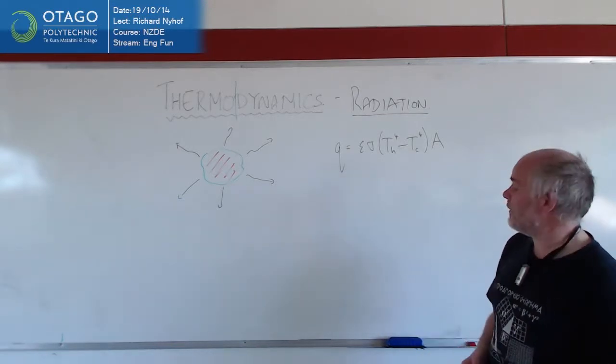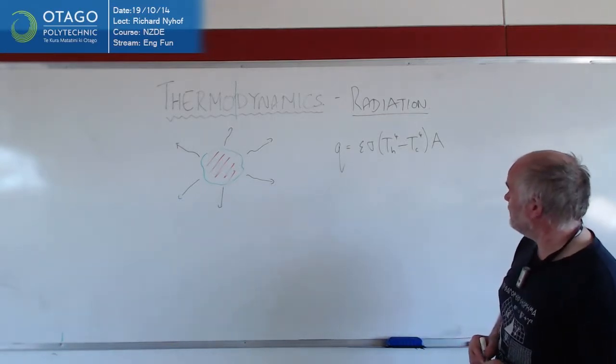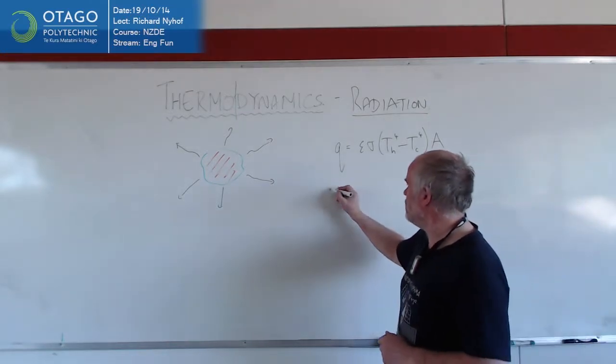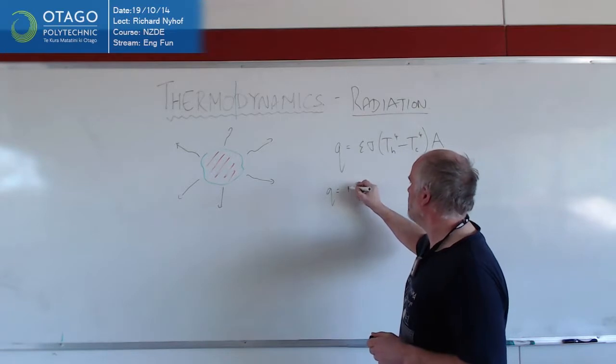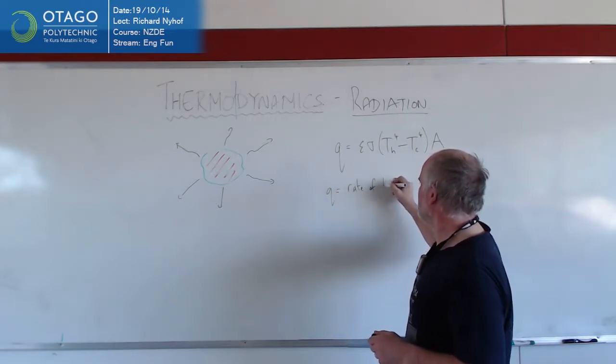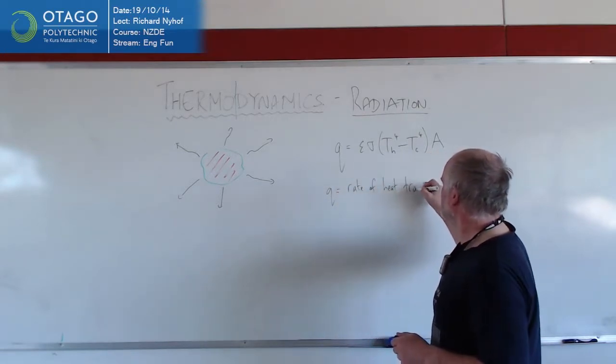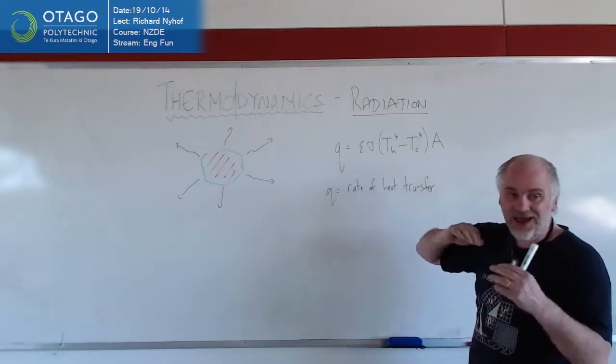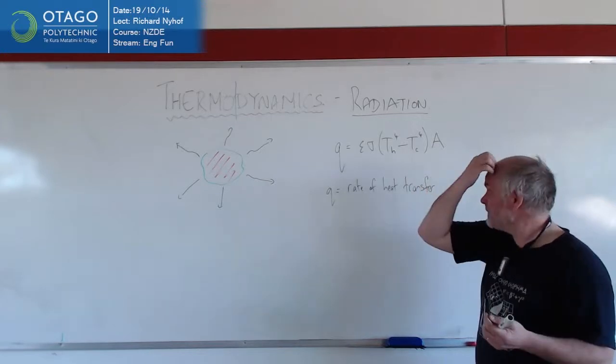It's got a power of 4 in it for a start, which is kind of entertaining. So what we've got here is a whole bunch of things. Q is exactly as we had before. It's the rate of heat transfer. So this formula is going to enable us to figure out how fast something is losing heat.